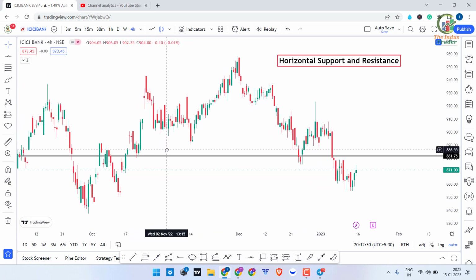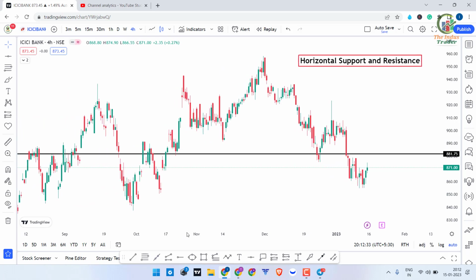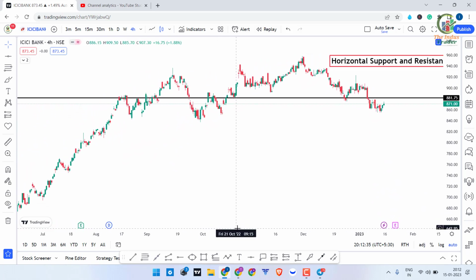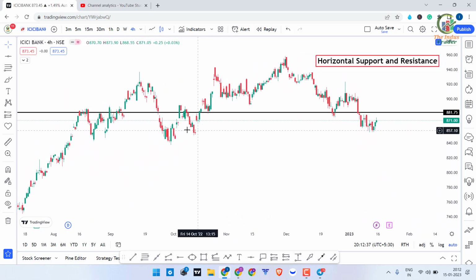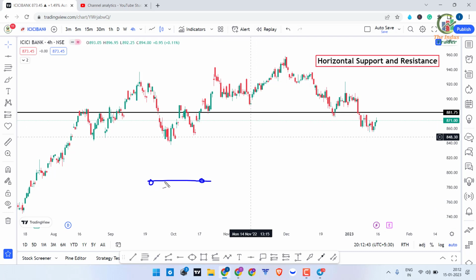The main important thing you have to remember while drawing horizontal support and resistance is, what is required? At one level, the price should take support at least more than two times. And if after breaking, it acts as a resistance, then we can give more importance to this level.